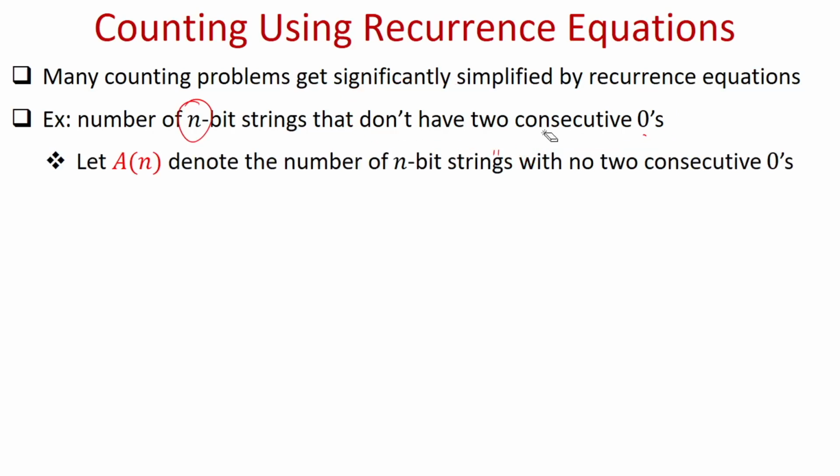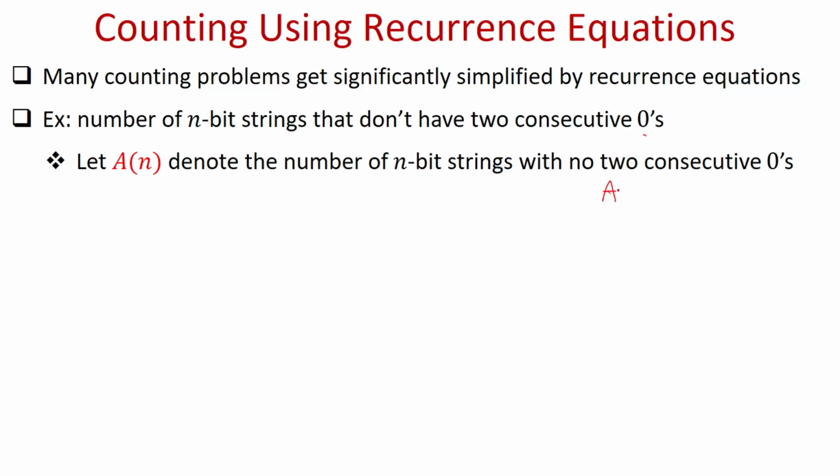The way we are going to count this is as follows. Let a of n be the function which on input n gives you the number of n-bit strings which do not have two consecutive zeros. That's the definition of my a of n function.